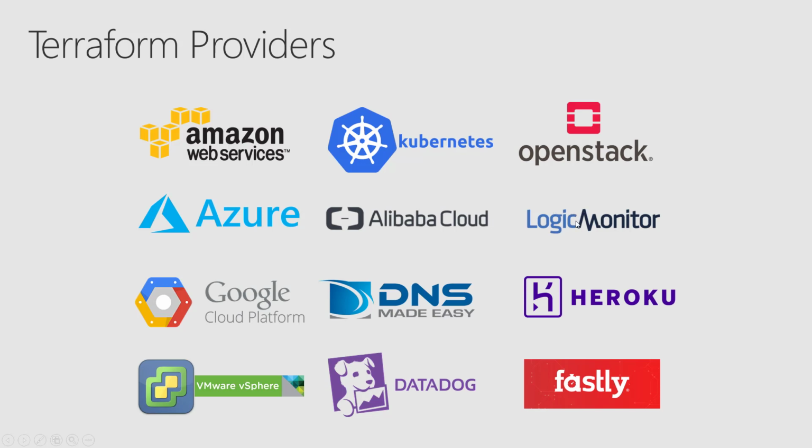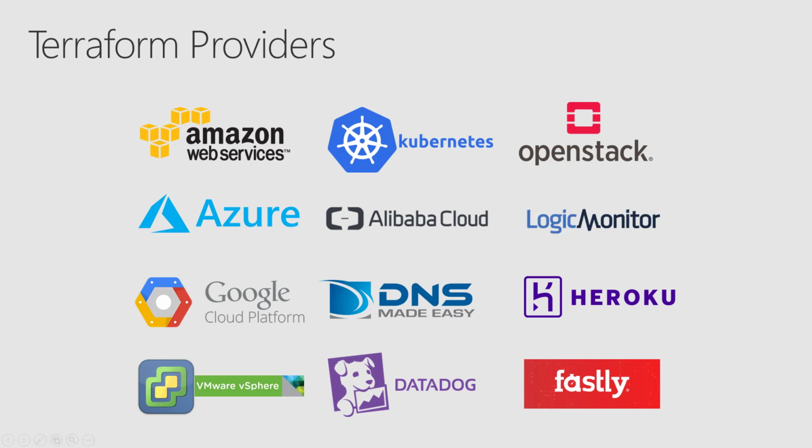What about if you need public DNS to be pointed to the infrastructure that you just provisioned? It can reach out to DNS Made Easy. If you need something like CDN, it can reach out to Fastly CDN. So it cuts across. What about if you're using an on-prem environment? It can use VMware vSphere, OpenStack, Alibaba Cloud, Datadog, which is another monitoring tool. So you can see that it has a lot of providers, but this is not all the providers.